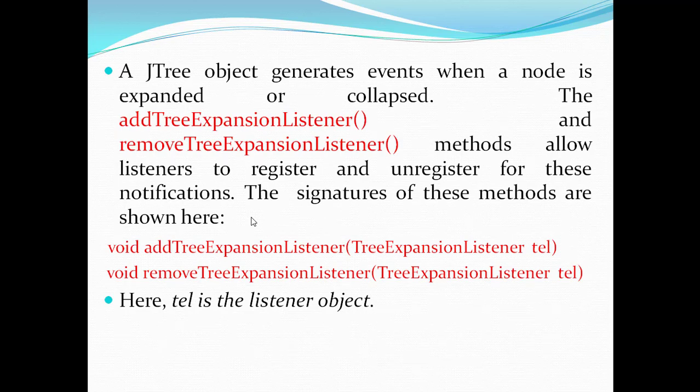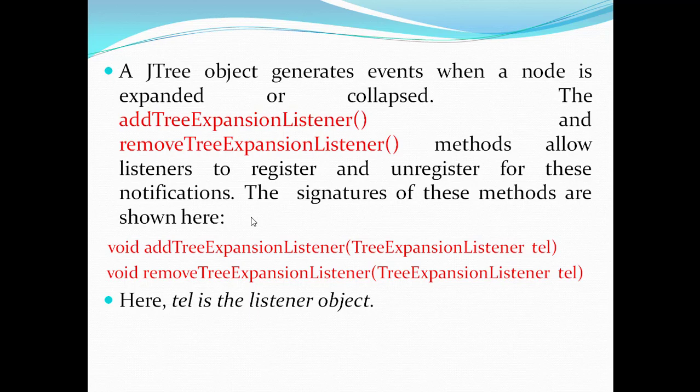A JTree object generates events when a node is expanded or collapsed. The addTreeExpansionListener and removeTreeExpansionListener methods allow listeners to register and unregister for these notifications. To handle the tree events, these listeners are provided, and we register by using the addTreeExpansionListener method, and unregister by using the removeTreeExpansionListener method.